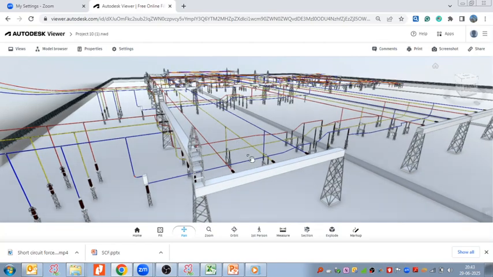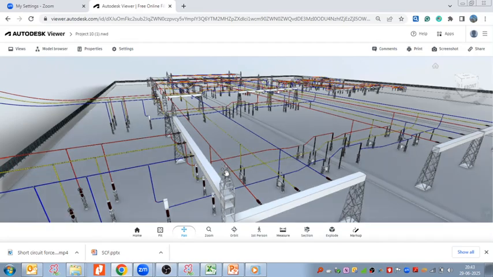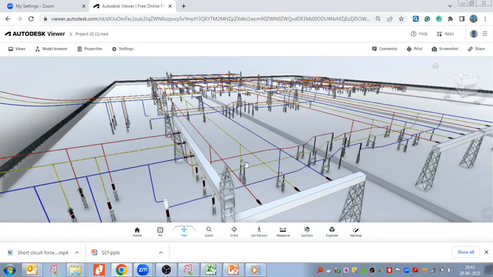So when they ask about the force, we need to provide all the conductor details, their static tension, and also the tension or force coming at the event when a fault occurs in this substation, or when any short circuit occurs in the substation. So what happens at the event of a short circuit?